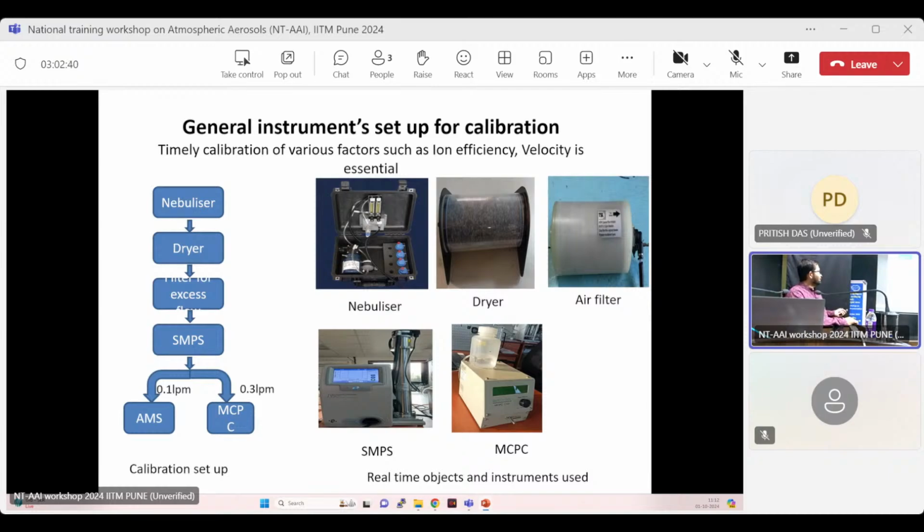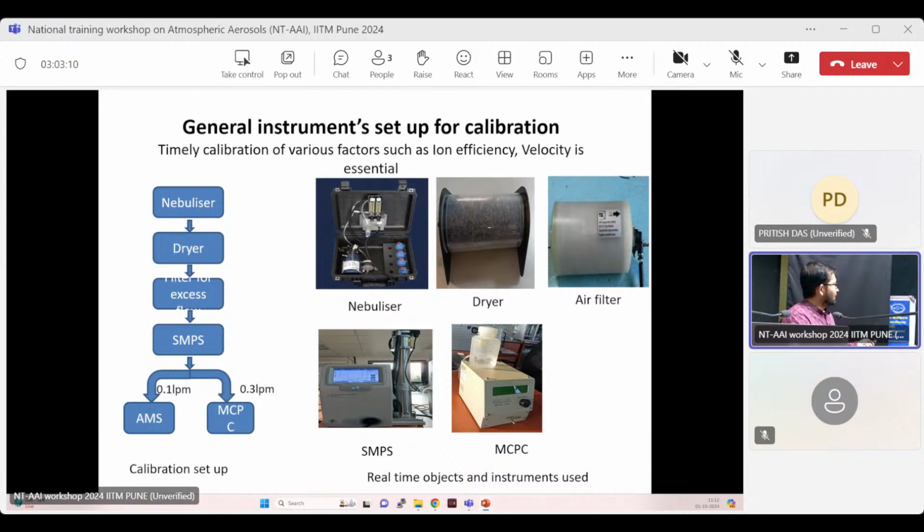The most useful tool we use for most of our instruments is the nebulizer or atomizer. We have to atomize the aerosols and feed them into the instruments. Mostly we also use an SMPS for size selection and a CPC for the counts. All these things are needed for the calibration of most state-of-the-art instruments.